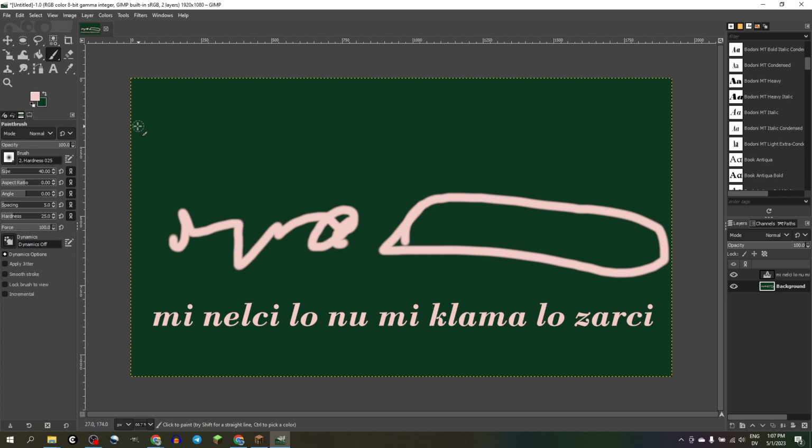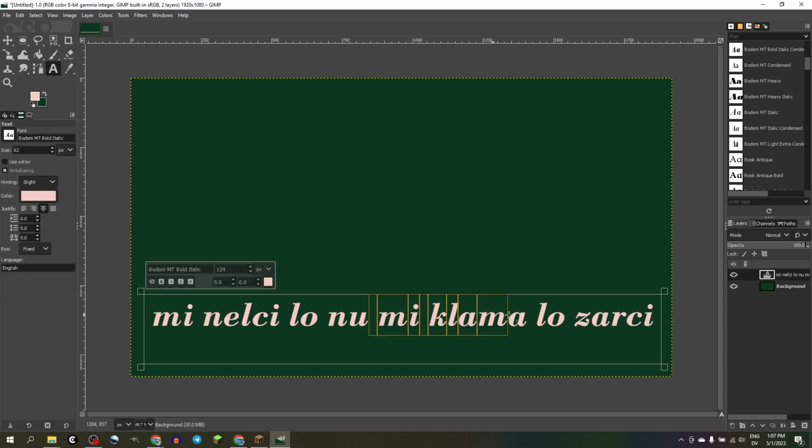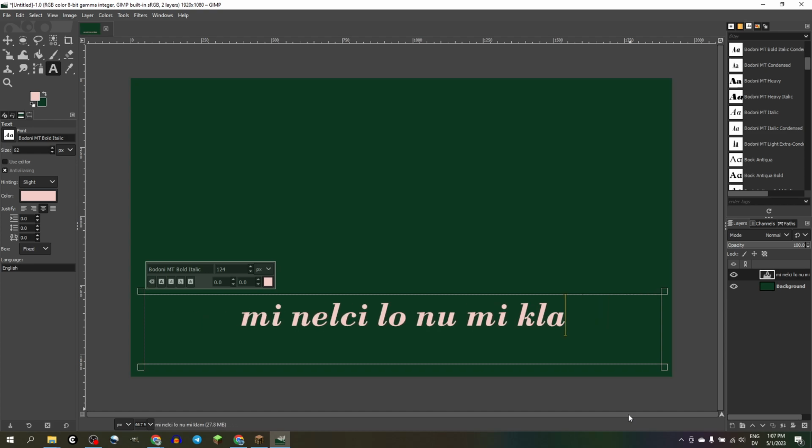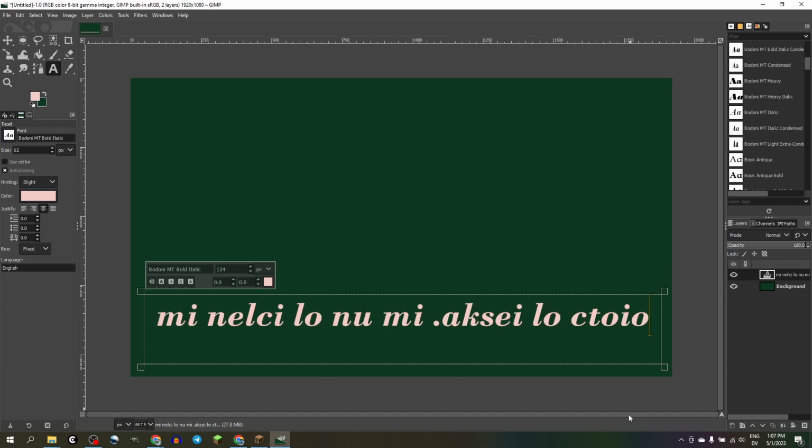And I mean, even if you haven't seen a sentence with the particular verbs, like mi klama lo zarshi, you might recognize it as a chunk, just like I know what mi klama lo zarshi means. But even if it's not any particular verb you've heard of in there, it might be aksel. We might know that mi aksel stoyo.